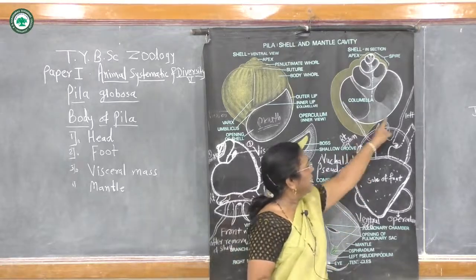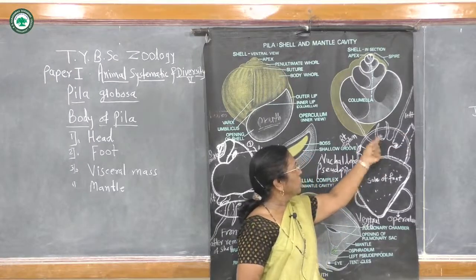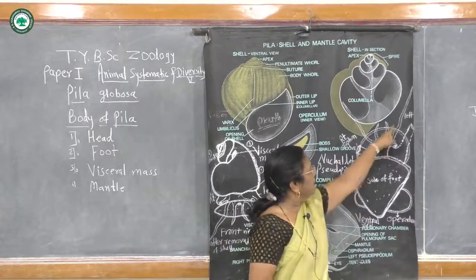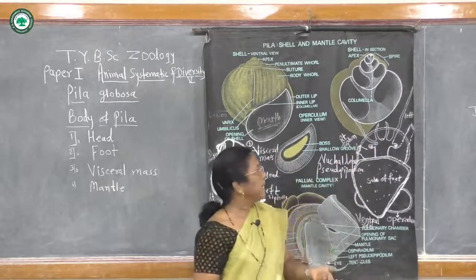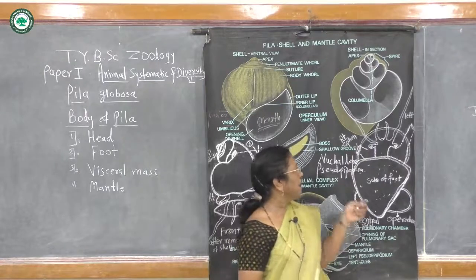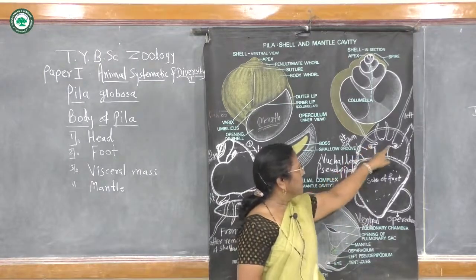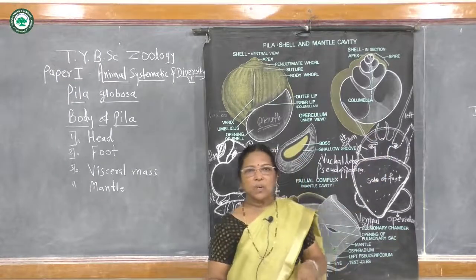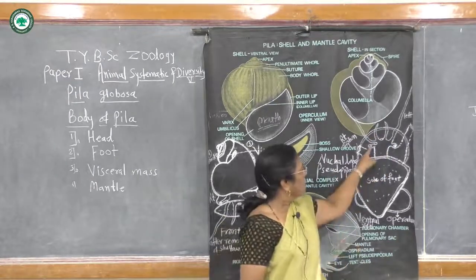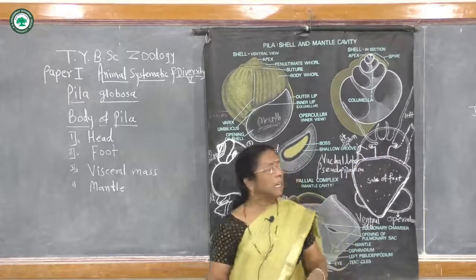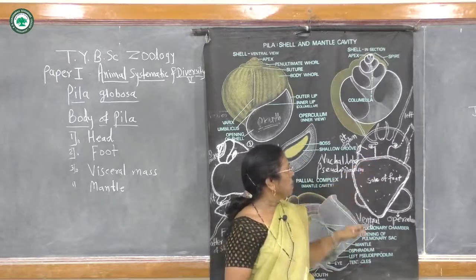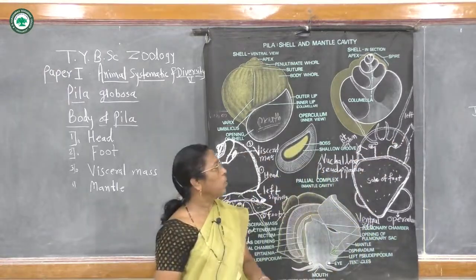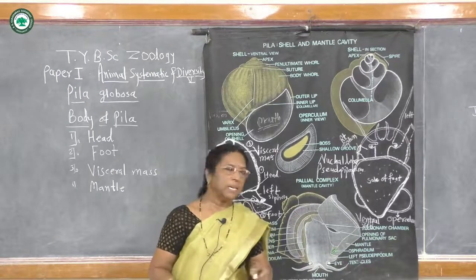This is the head part which shows mouth, small pair of tentacles, labial palps. The large pair of tentacles are the true tentacles, that is the second pair of tentacles, and on either side of the second pair of tentacles, the protruded part of the head called snout gives stalked cylindrical eyes or ommatophores, and on either side it gives a paired siphon, which is the modification of the mantle itself.